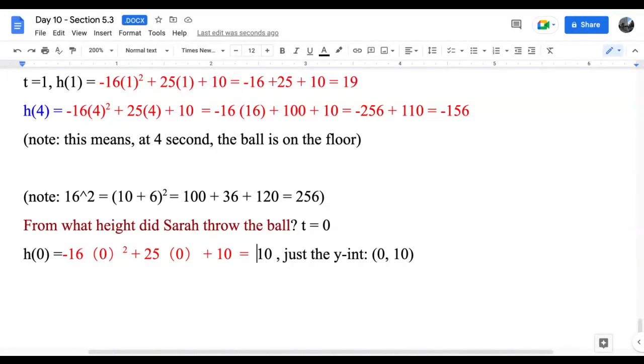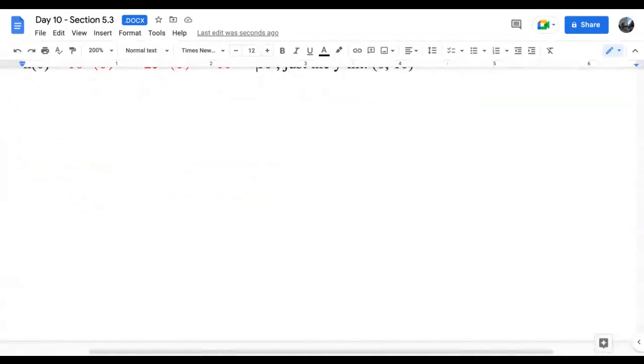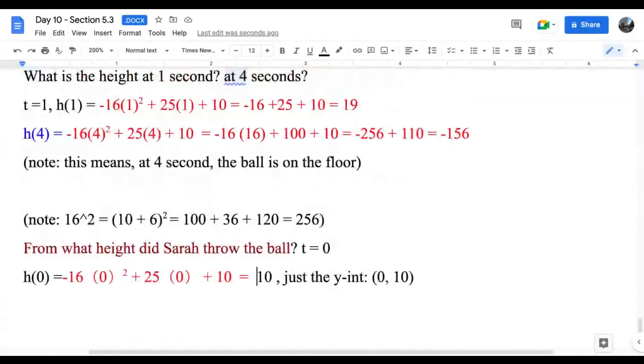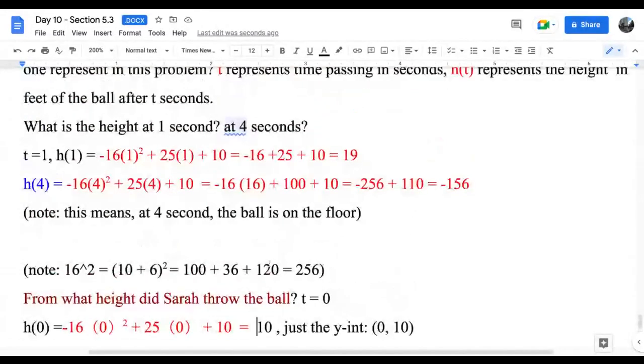Okay, anyone has any questions? That's all for today, talking about multiplying polynomials and multiplying two polynomial functions.